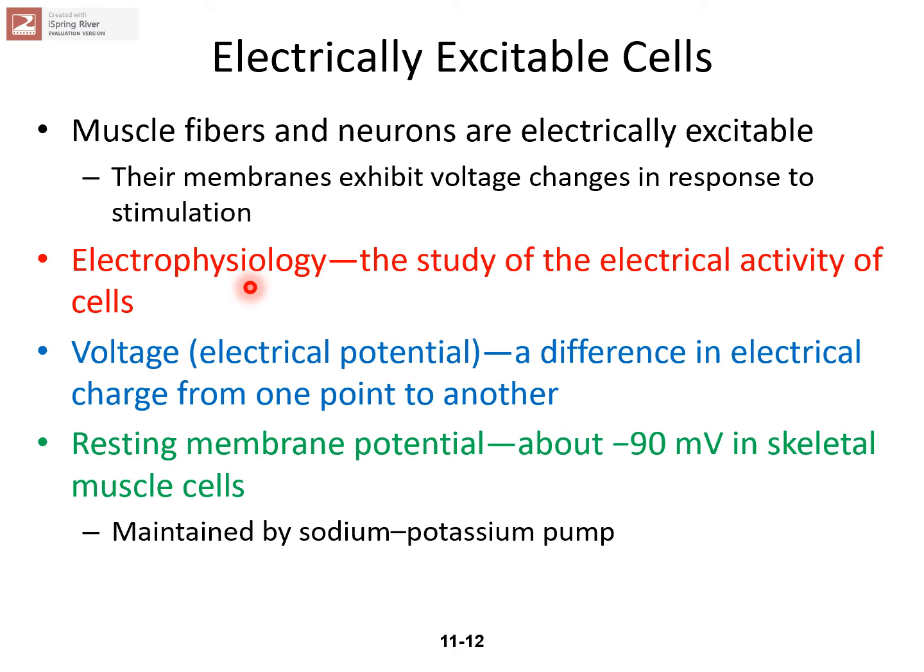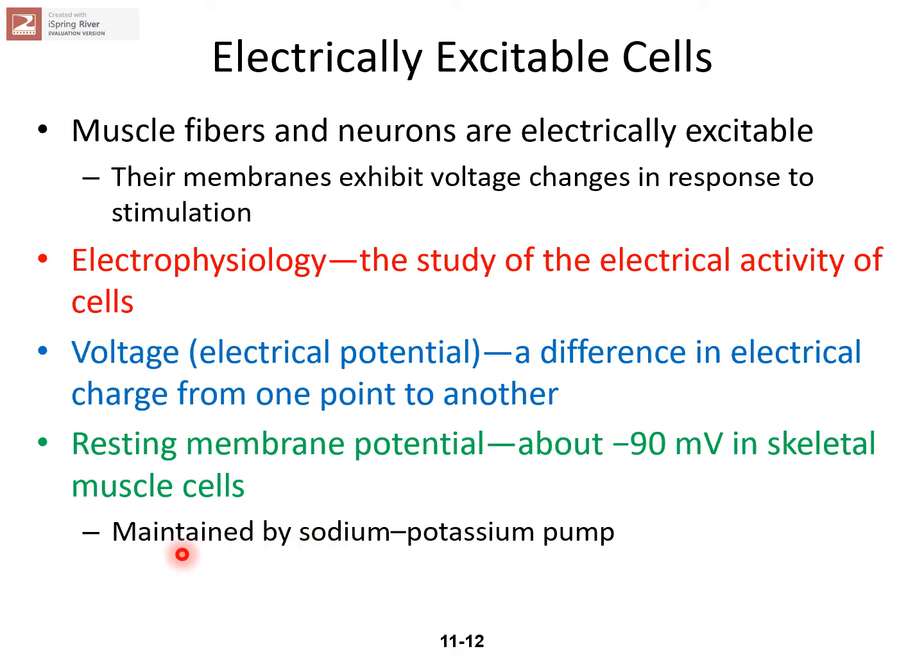And like I said, all this is due to the charge inside of the cell, and this is determined in terms of voltage. So the voltage or electrical potential is a difference in electrical charge in a cell from one point to the other. Okay, and at rest, these cells have a resting membrane potential, and this is about minus 90 millivolts to minus 95 millivolts in skeletal muscle cells.